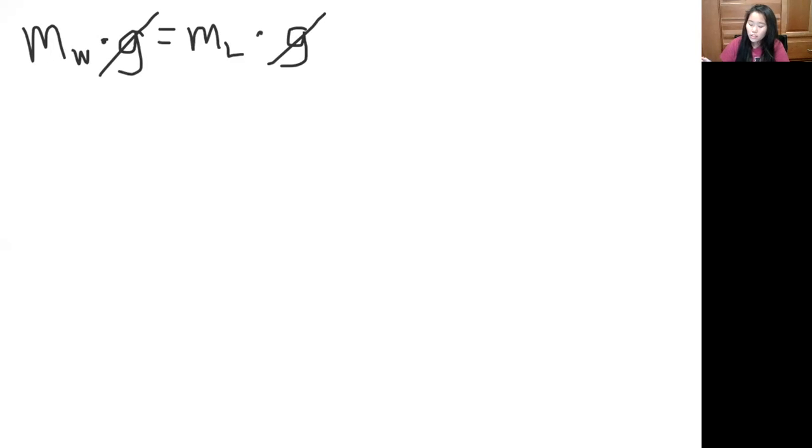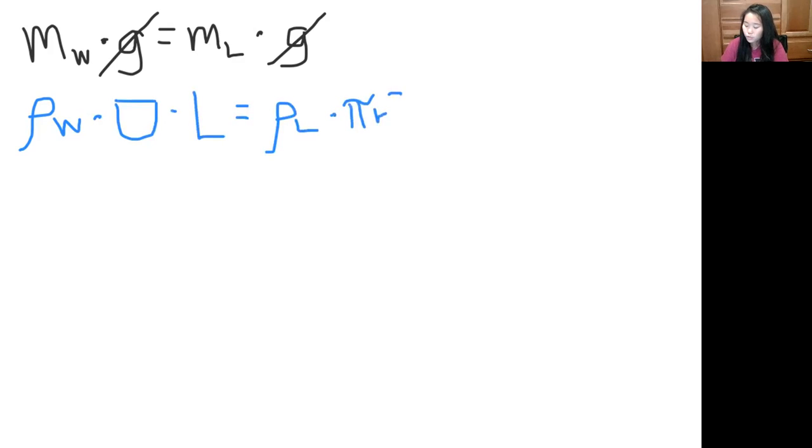Replacing these masses with the rearranged density equation, mass equals rho times volume, we get rho sub w, the density of water, times the cross-sectional area of the water on the log, which will be represented as 2/3 of the log, which is a semicircle, times the length of the log, L, and this equals rho sub L, the density of the log, times the area of the circle, which is pi r squared, and we'll also be multiplying this by the length.